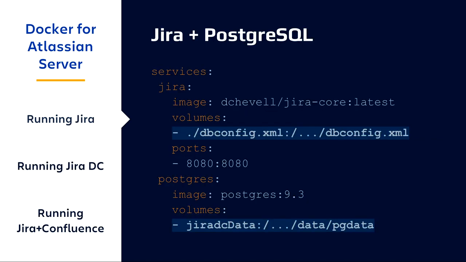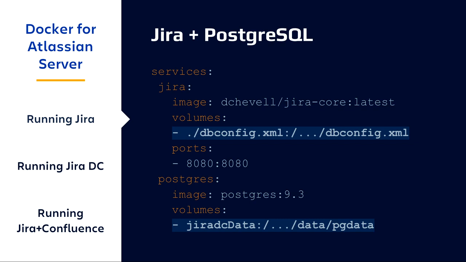So let's take a look at how we would start Jira plus PostgreSQL in Docker Compose. Please note the highlighted text in here. It's very important because we define the volumes for the Jira container, and the volume is dbconfig.xml, which basically allows Jira to connect to the database straight away once it's started.